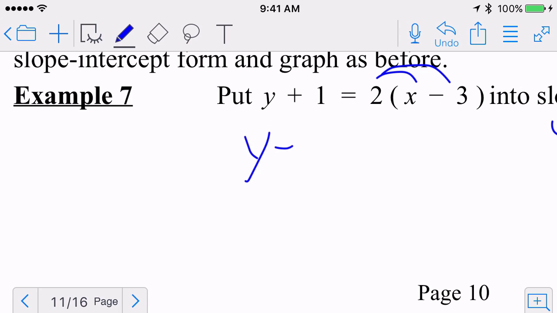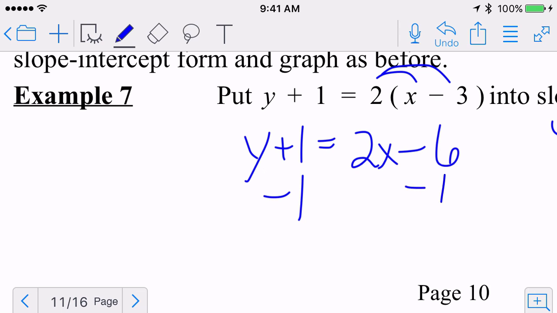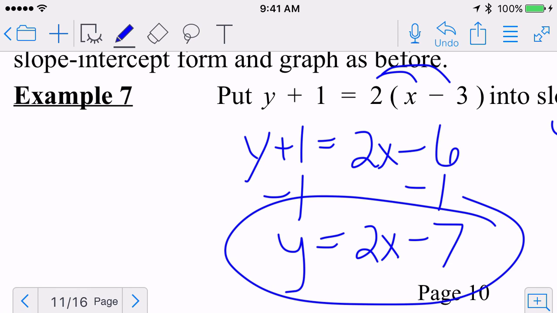So then we'd have y plus 3 equals -2x. -2 times 4 will give us a -8. Then we want to solve for y and get y by itself. So we want to subtract a 3 from both sides to get rid of that plus 3. So we would have y equals -2x, and -8 minus 3 is going to give us a -11. So that would be our equation for that one.